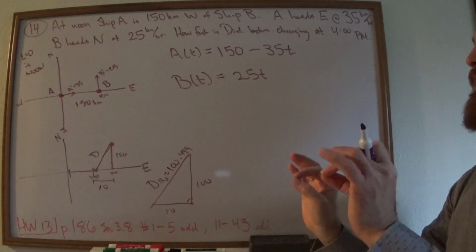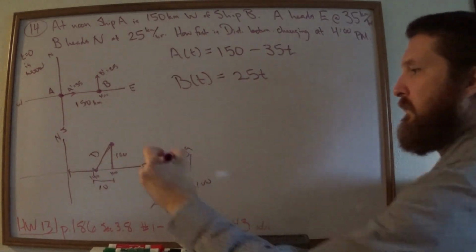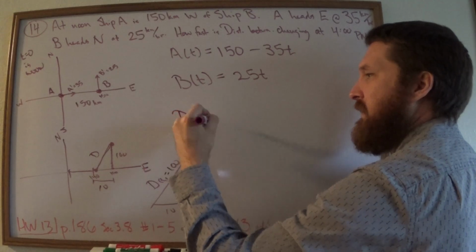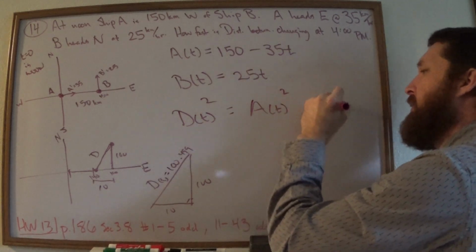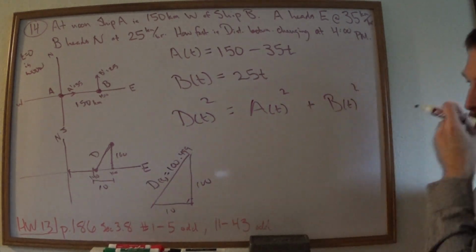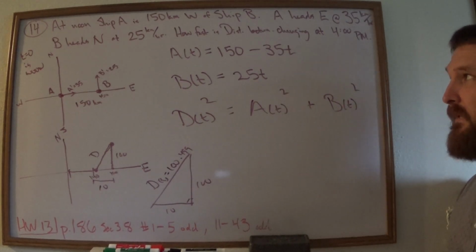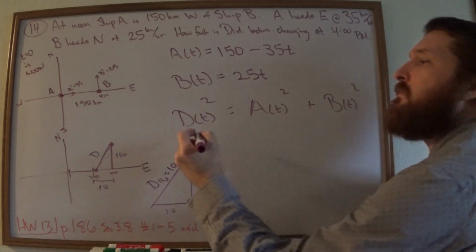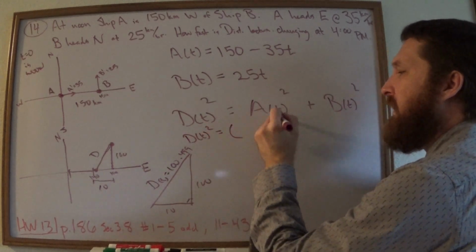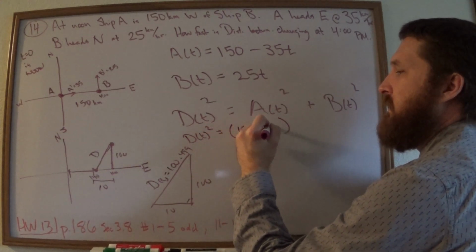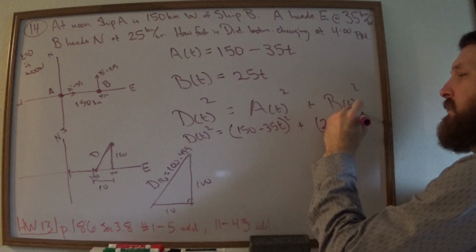So now let's get an equation involving A, involving B, and D. So, D of t squared is equal to A of t squared plus B of t squared. Now we have the actual values. Yeah, let's do it this way, where I'm going to go D of t squared is equal to plug in my A of t, 150 minus 35t squared, plus 25t squared.